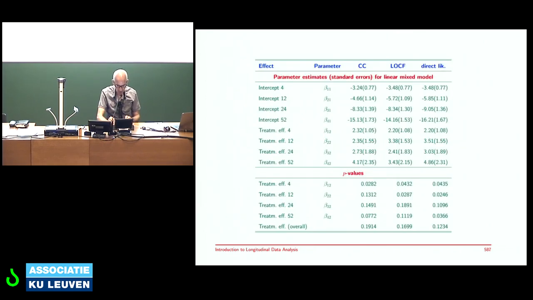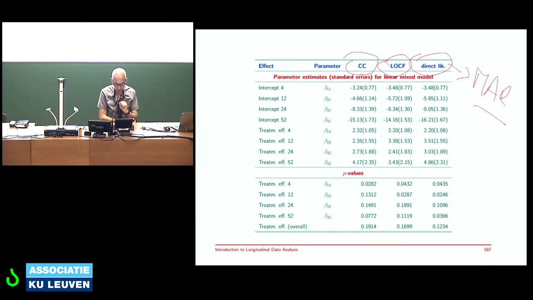Okay, so here's an overview. We have for the linear mixed model the CC analysis, last observation carried forward, and then the MAR valid direct likelihood method. Now, we can look at the parameters and we see that some go up, some go down.